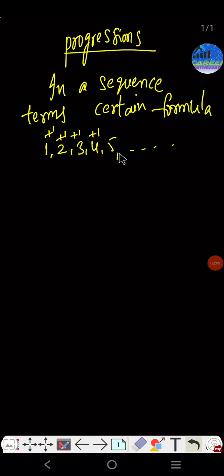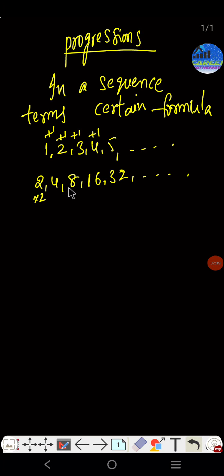So that's why it is one of the progressions. Like this: 2, 4, 8, 16, 32 and so on. It is also a progression because each term is multiplied with one constant value. How to get the second term? By multiplying the first term with a fixed value, 2. 2 2s are 4. How do you get the third term?